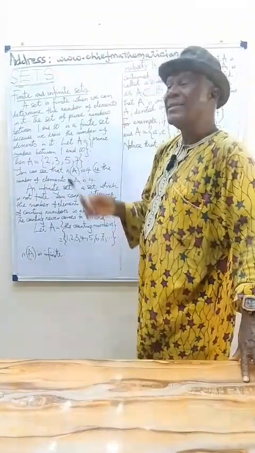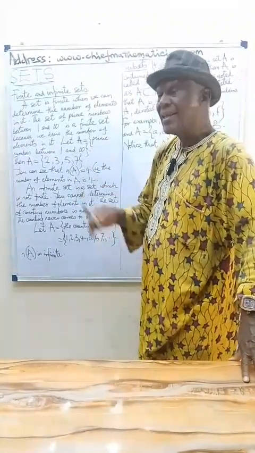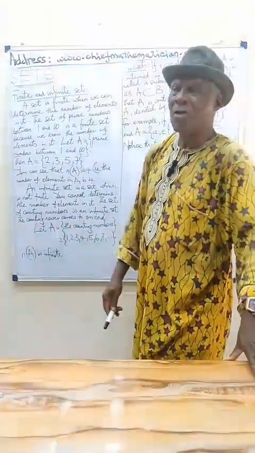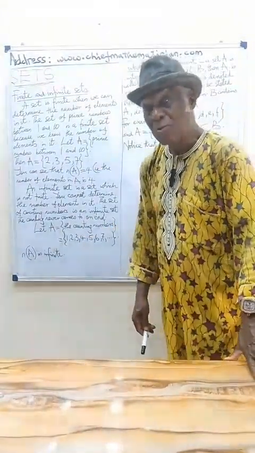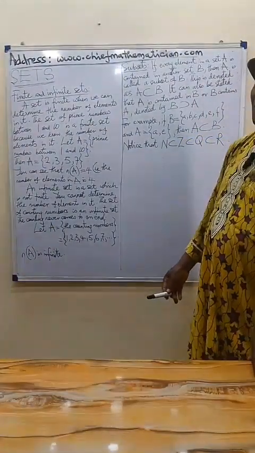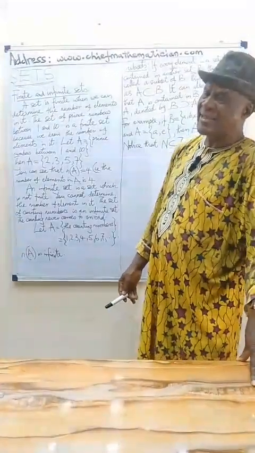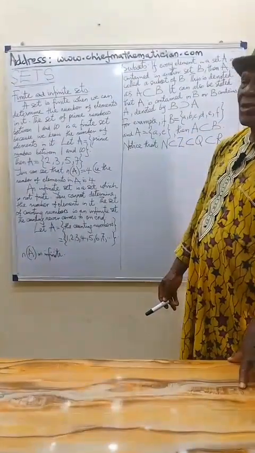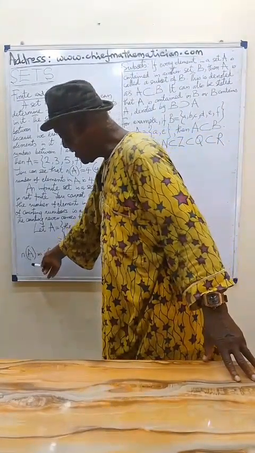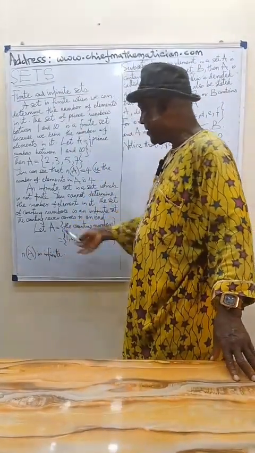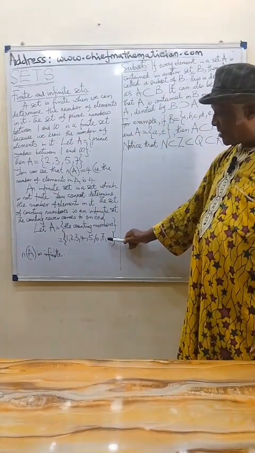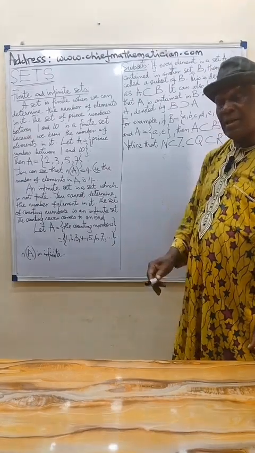You keep counting, keep counting, keep counting. It's only when you give up and you can no longer count, and yet you have not come to the end. It's very interesting. It is an example of an infinite set. You cannot exhaust the elements of the set. The number of elements in the set A is infinite. And you can see how we show it with these 3 dots.